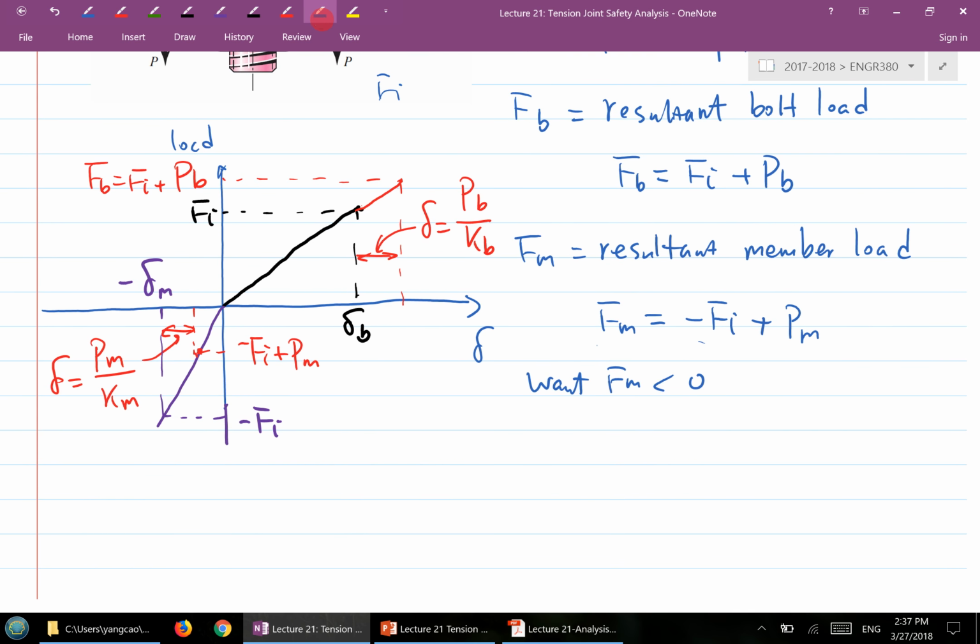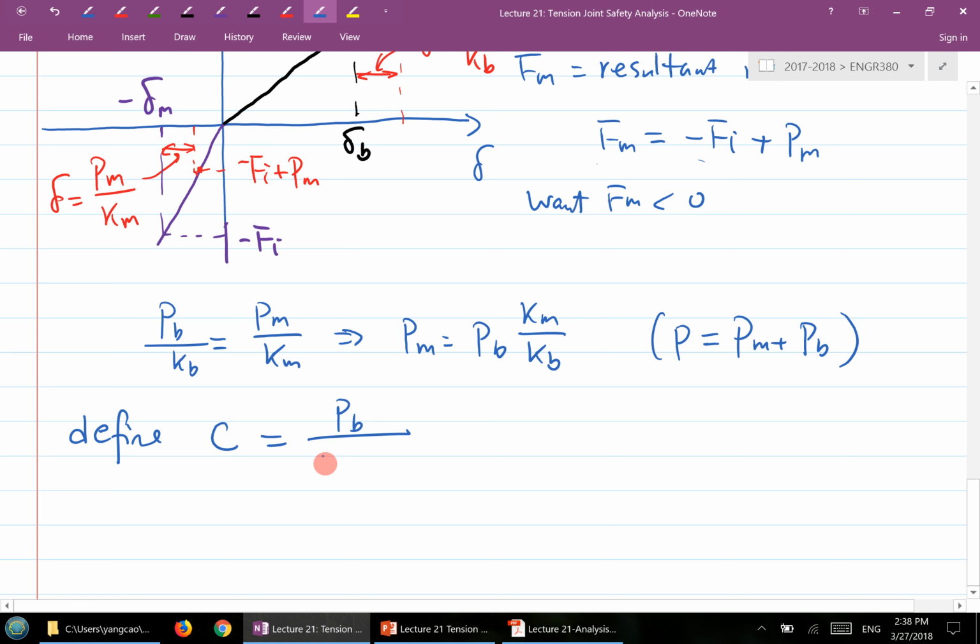Okay, so now I'm going to define a so-called constant here. It's called the fraction of external load constant. So define capital C here. Define C as Pb over Pb plus Pm.